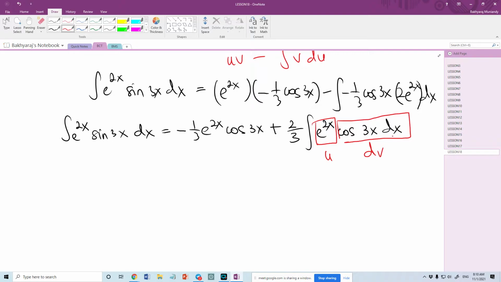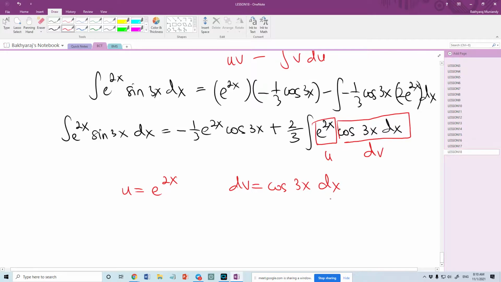Of course, we need to proceed with integration by parts. So again I put u equal to exponent 2x, and dv will be cos 3x dx.